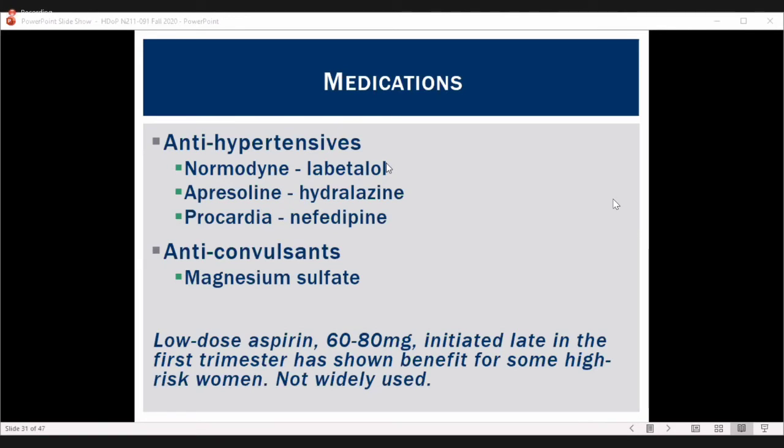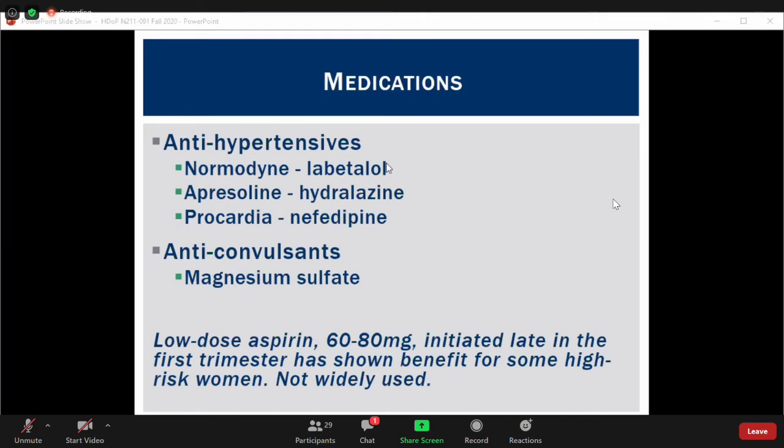Magnesium, what is the effect of magnesium on the smooth muscle? It relaxes smooth muscle. Now, I'll come back to the anticonvulsant piece. But if you think about it, the arterioles in the body have smooth muscle, right? So when you give magnesium, this is not the primary reason you're giving it. You're giving it as an anticonvulsant, but like a little side bonus, so to speak, is that it relaxes the smooth muscle.